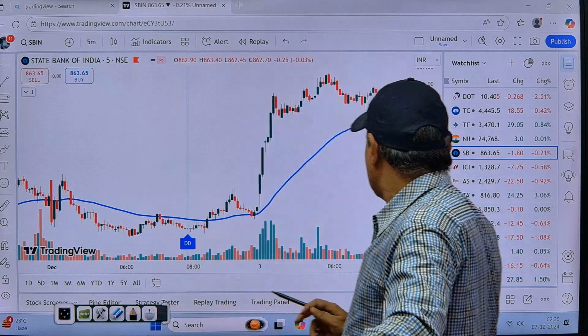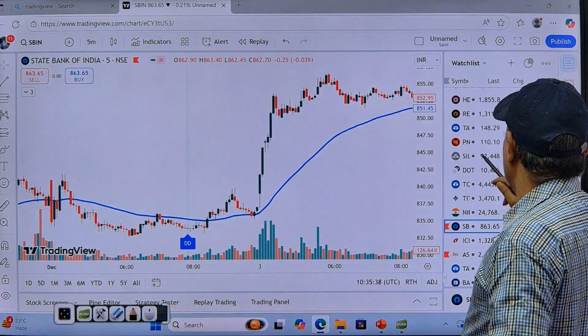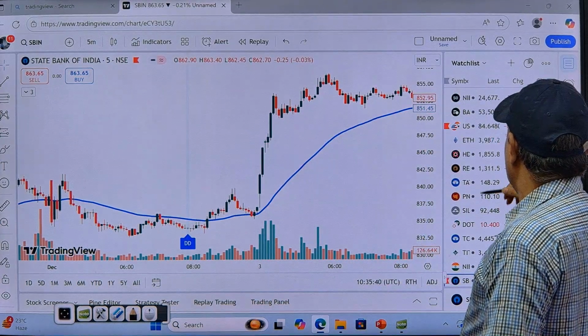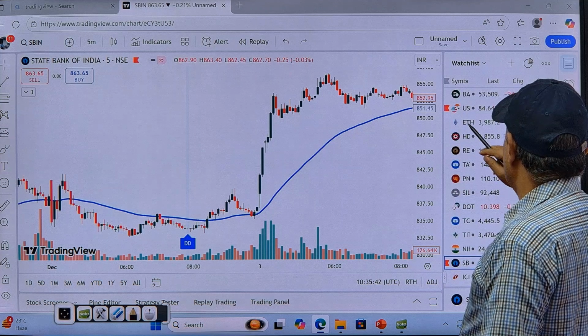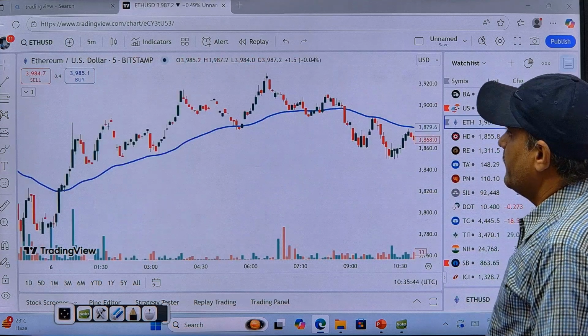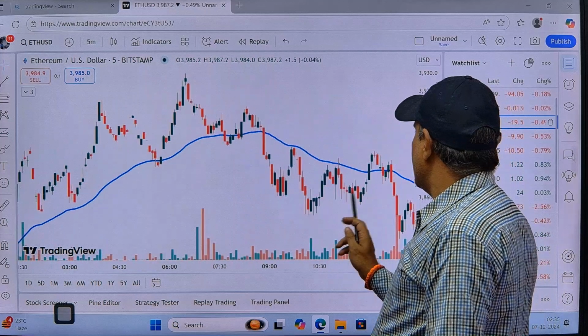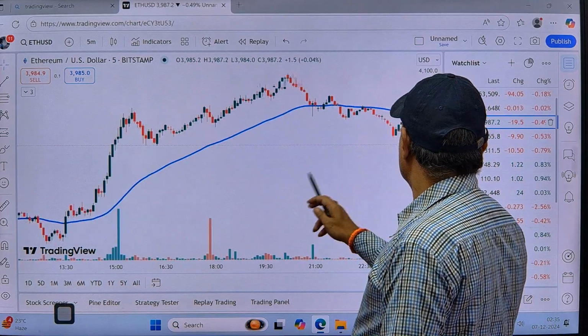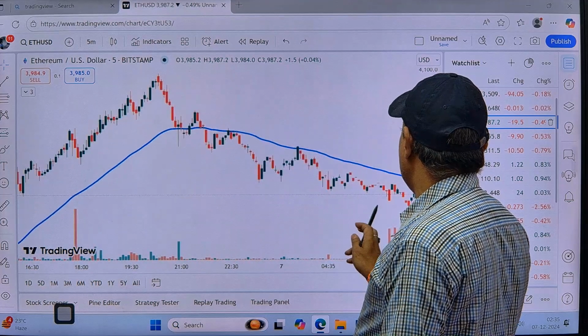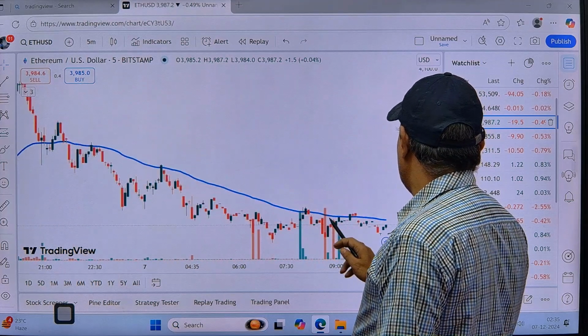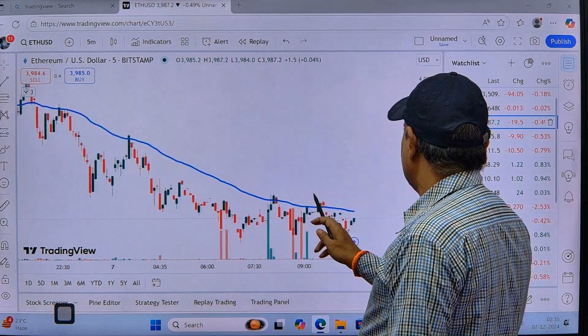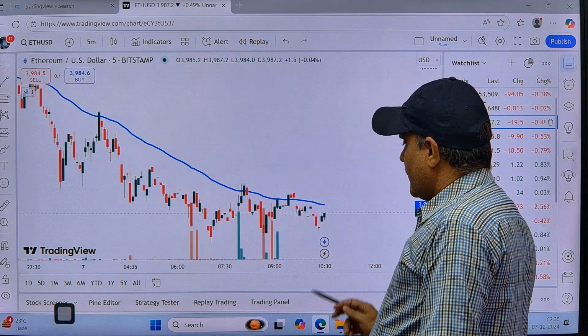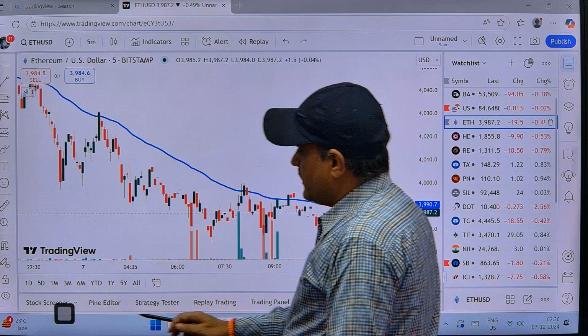Let's find another example. We can also trade it in crypto. So let's find it in ETH, Ethereum. Sometimes there is no DD. If there is no DD, like here, this is a complete Dragonfly Doji.